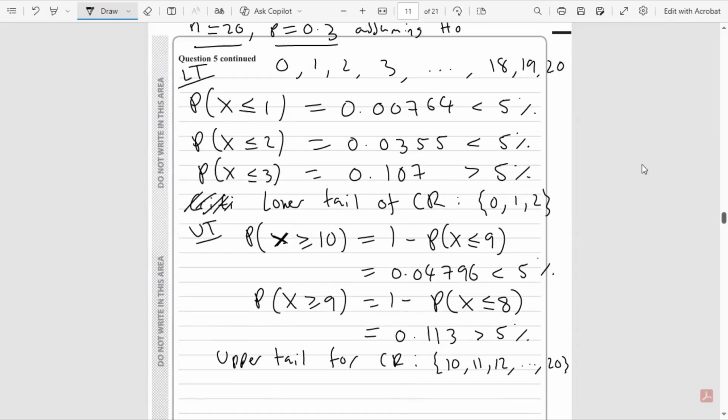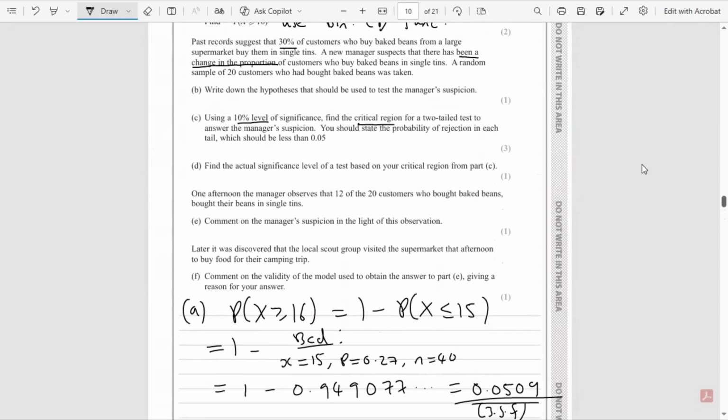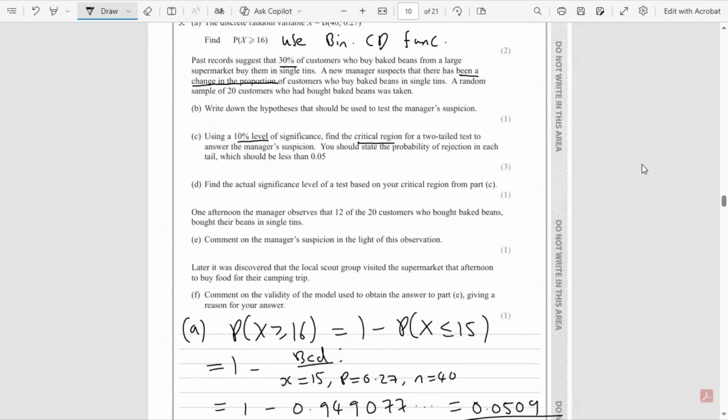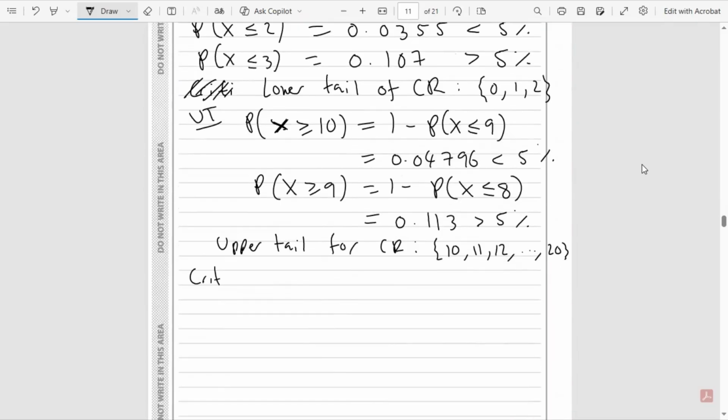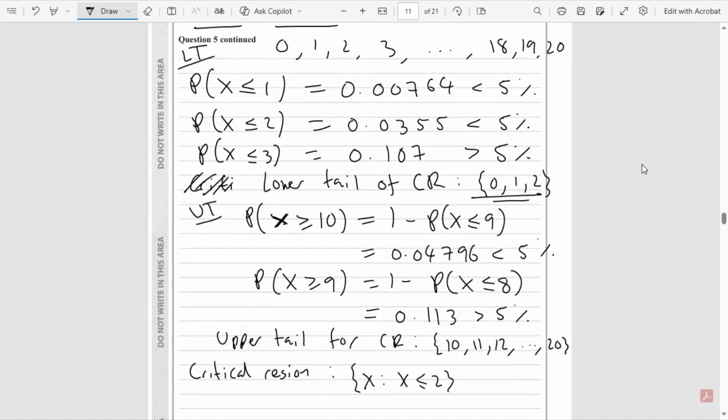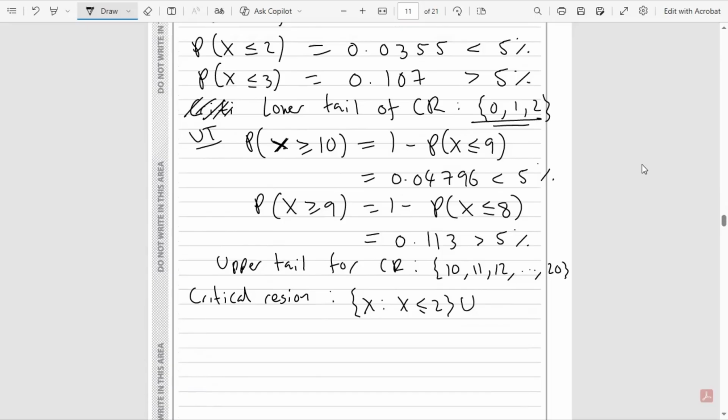So if we just go back, the question was asking for the critical region, and we should state the probability of rejection in each tail. Okay, so our final answer for the critical region is going to be the set of X values such that X is less than or equal to 2, because that was the lower tail there, union with the set of X values such that X is greater than or equal to 10.